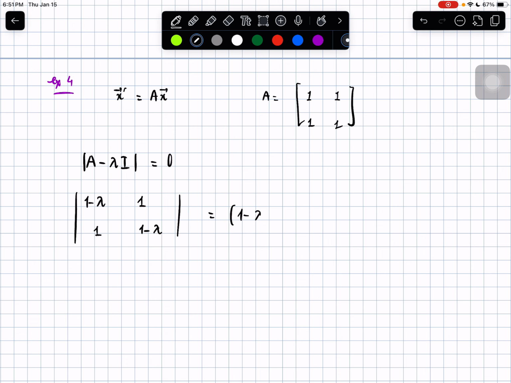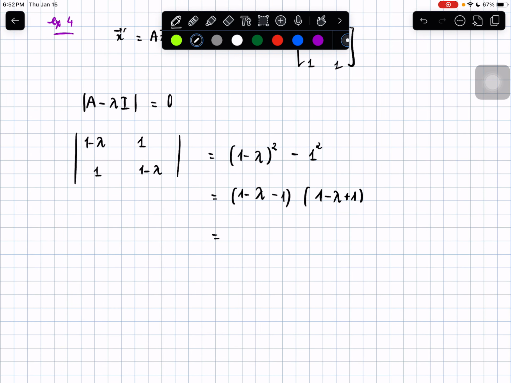We get (1 minus lambda) squared minus 1, which you can think of as (1 minus lambda) squared minus 1 squared, so (1 minus lambda minus 1) times (1 minus lambda plus 1).